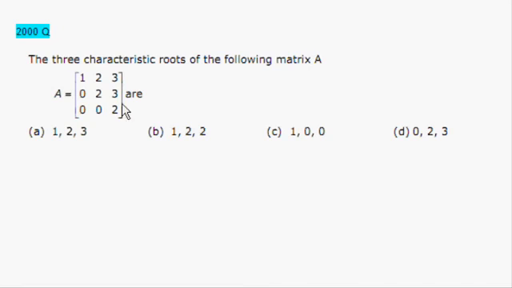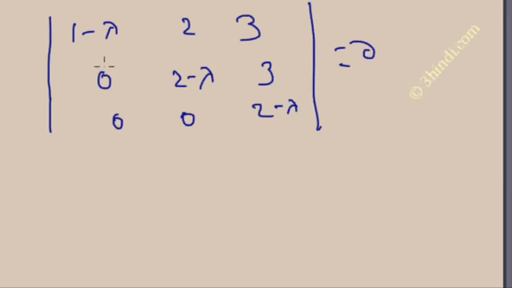This is the question of 2000. The three characteristic roots means eigenvalues. You are required to find the eigenvalues of this matrix. The process is the same as previous: 1 minus lambda, 2 minus lambda, and 2 minus lambda, and determinant is equal to 0. You are required to solve this characteristic equation.